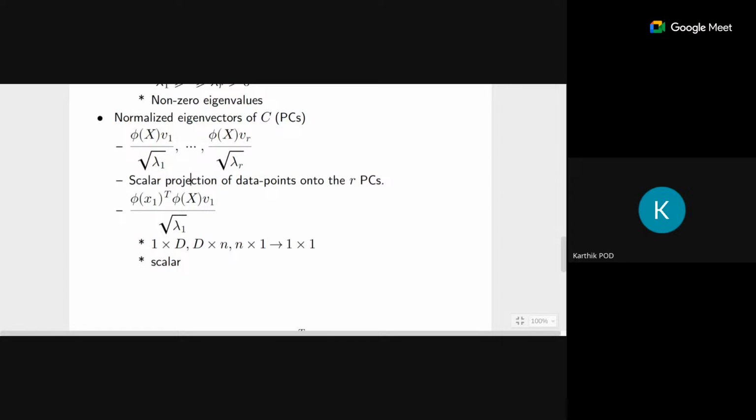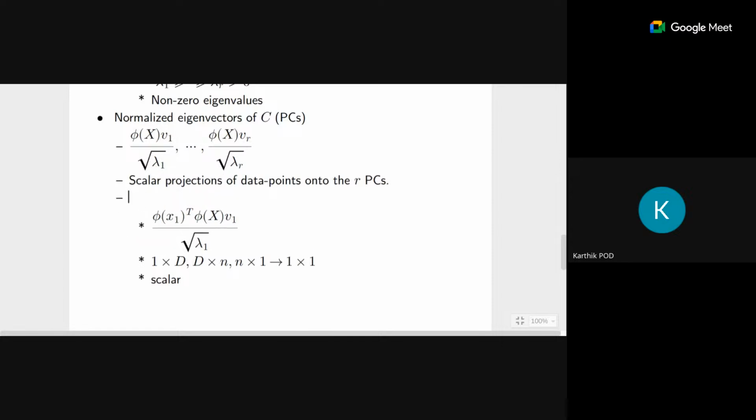So what we have given here is the scalar projection of the data point phi of x1 onto v1, the first PC, in the transform space.